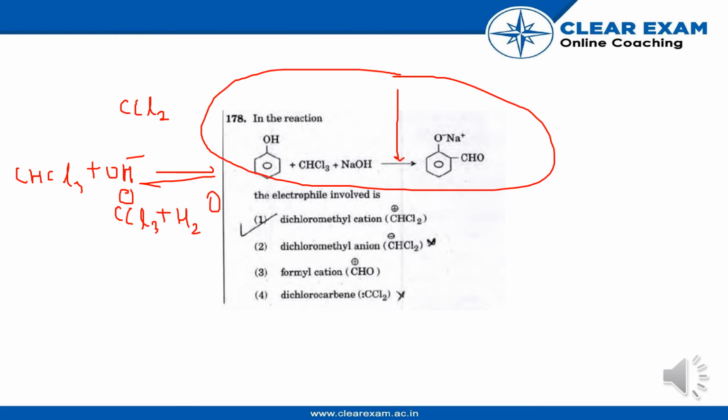Again, if we look at the CCl3 minus, this gives CCl2 plus Cl minus.